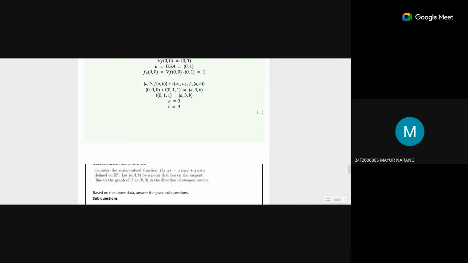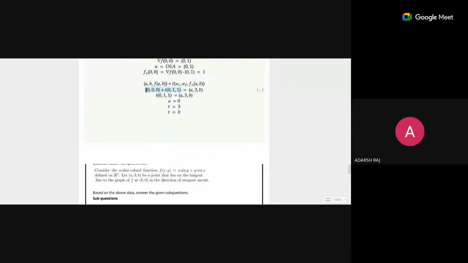t is equal to b is given. So we just compare this value. Is the value of t given as 3? No, no. This is the equation of the tangent line, right?